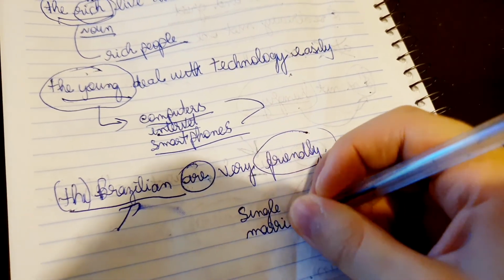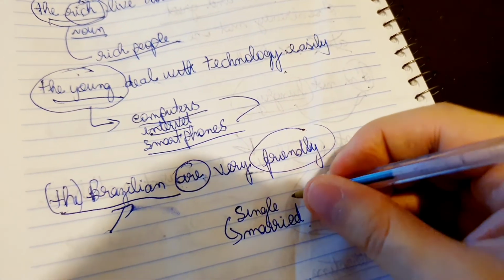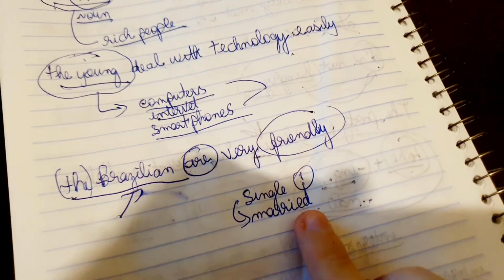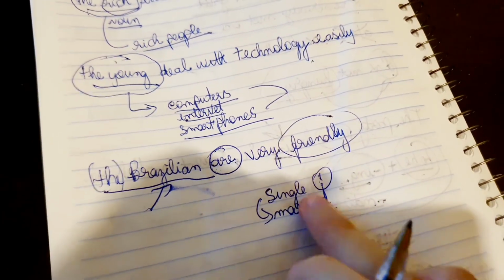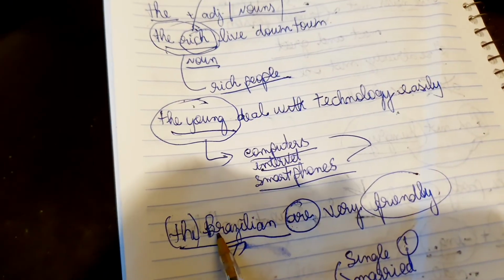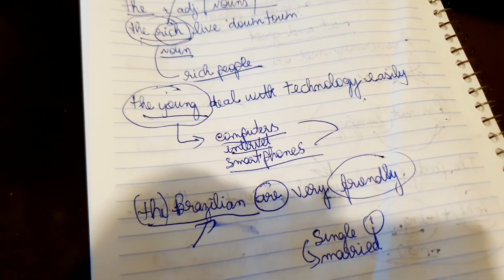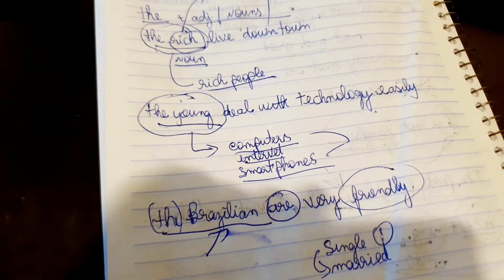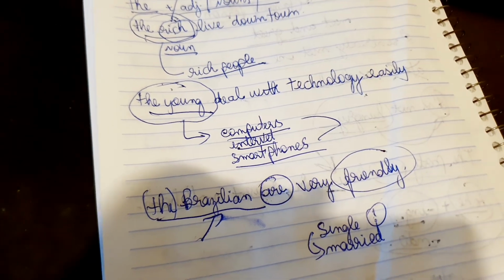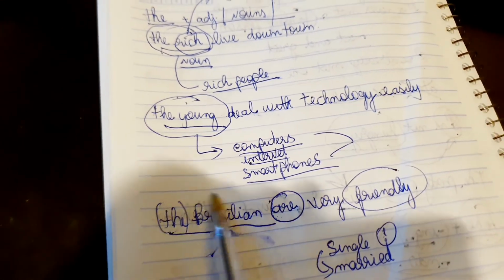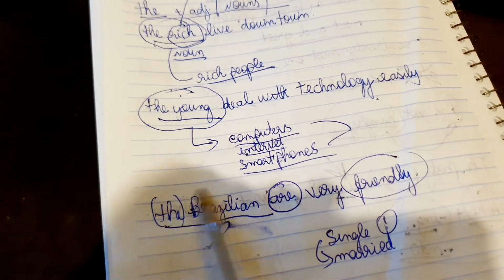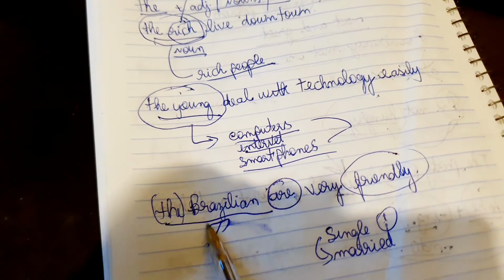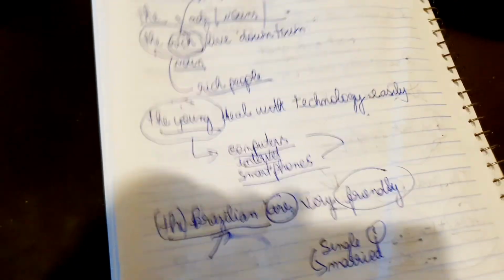For example, are you single? Yes, I'm single. I'm not married. So single is the opposite of married. So if you take one Brazilian person and say, this person is very friendly, okay. But here I'm not talking about one person. I'm talking about the group of people who live in this country, right?